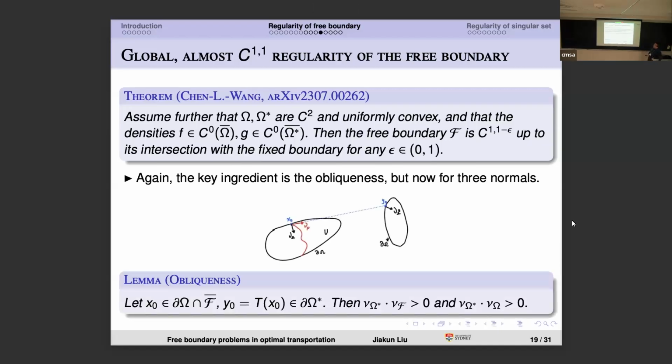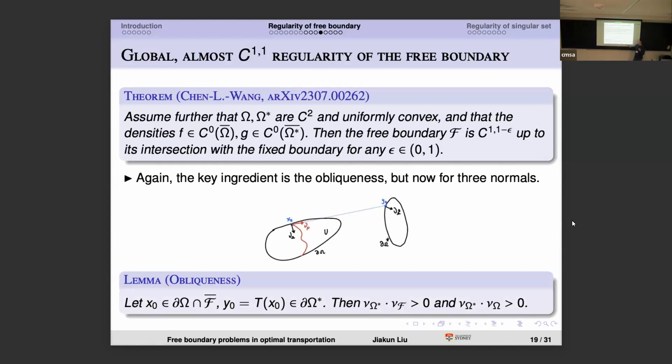And how to prove this part? Again, the key ingredient is obliqueness, but compared to the obliqueness before when we studied the free boundary, it's slightly different. Why slightly different? Because if you look at the intersection point here, you have two normal vectors.